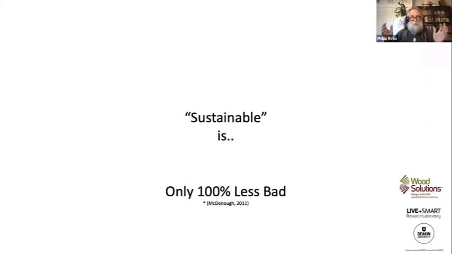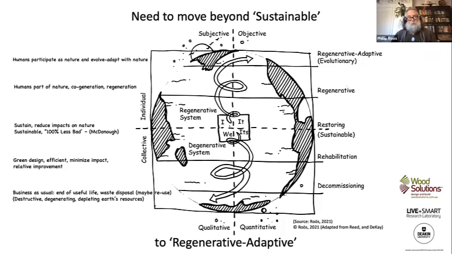Because of that, we need to move beyond sustainability, beyond the current thinking of sustainable development and the way we just keep the status quo sustainable. And this is where we need to move regenerative, adaptive thinking into regenerative design.